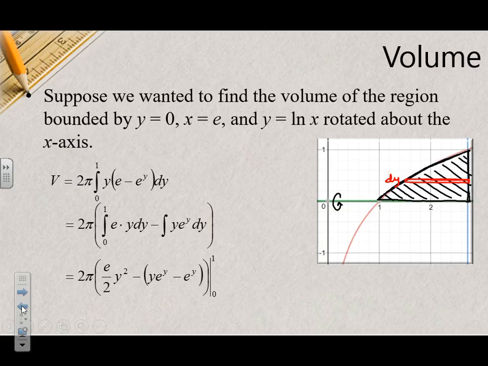If we look at the second part, I took the liberty of integrating by parts. Now this is one where we could use the table if we wanted. Our u would be y, the derivative would be 1, 0, and then the other one would be e to the y, so we just have e to the y over and over.